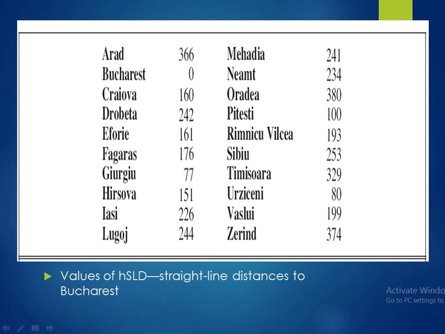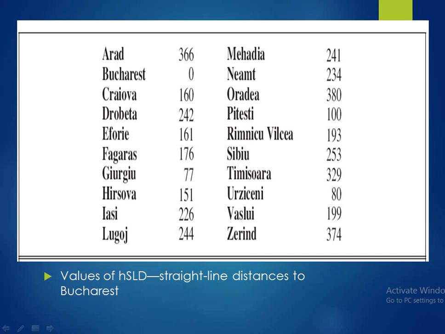This table shows the values of hSLD, that is the straight line distance to Bucharest. Here the distances from each particular city to Bucharest are provided. From Arad it is 366.